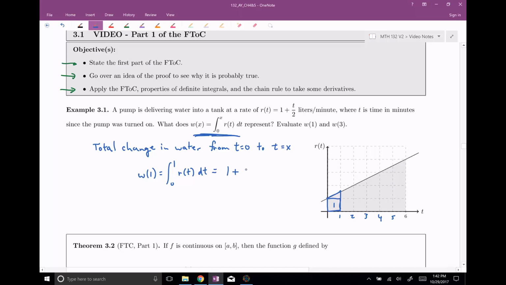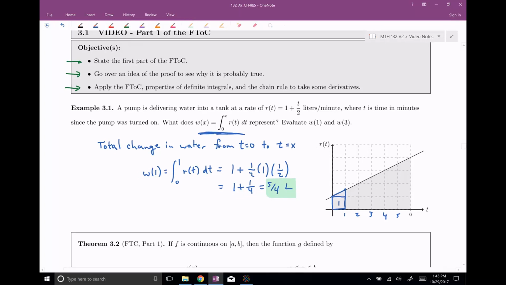That's going to be 1/2 the base, which is 1, times the height, which is again 1/2. So this is going to be 1 plus 1/4, which is the same thing as 5/4. So this is saying that maybe 5/4 liters came out of this pump during the first minute, between 0 and 1. So that's the first minute.